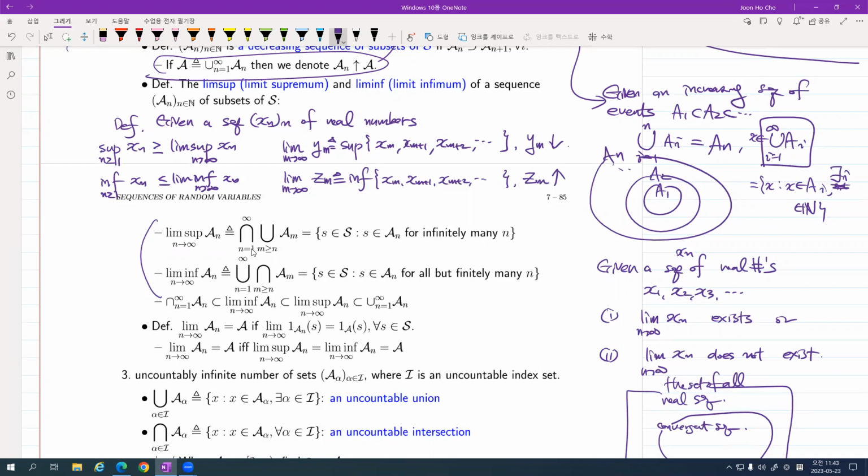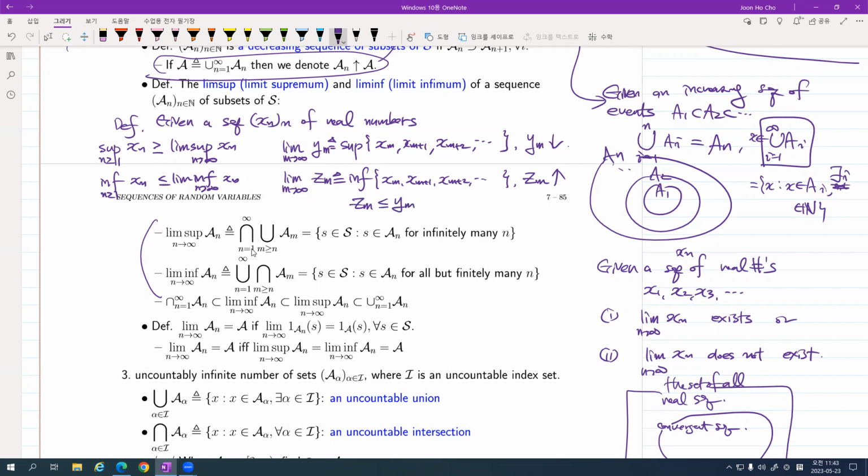Then what about the relation between these two? In order to see that, let's just compare the mth element of y sub m and the mth element of z sub m. So you have the same set. You take the supremum and you take the infimum. So for each element, you have z sub m less than or equal to y sub m.